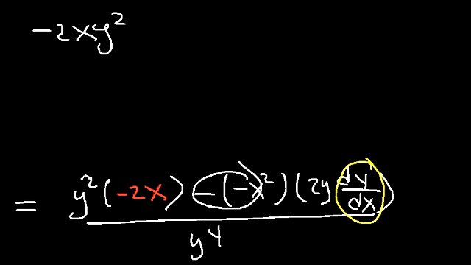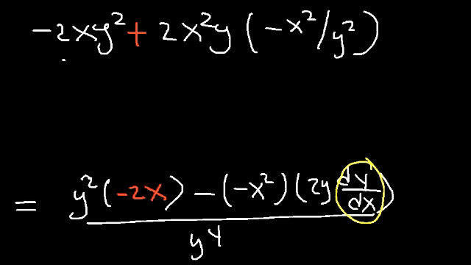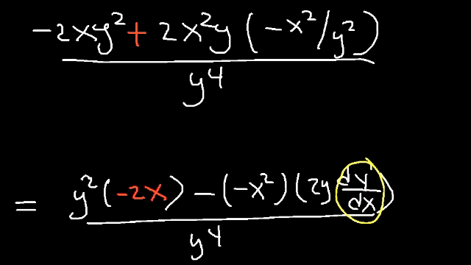The two negative signs will become positive. So this is going to be plus 2x squared y if you combine this part. And then we can replace dy/dx with negative x squared over y squared. And this is all divided by y to the fourth.